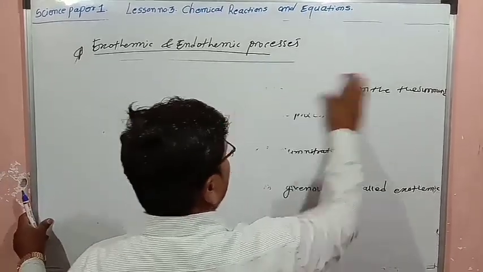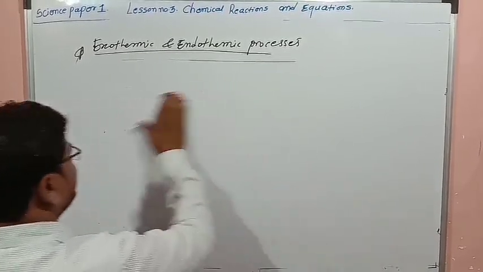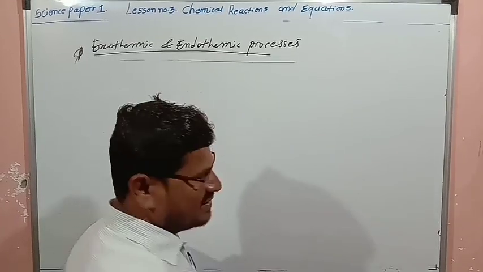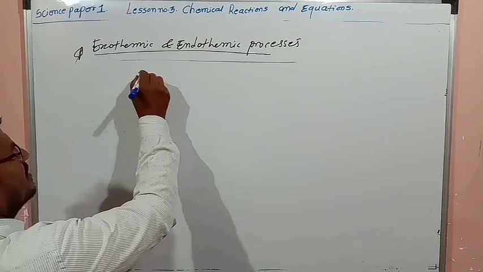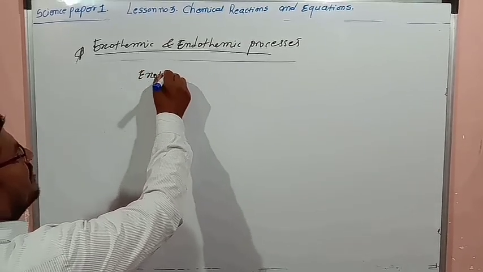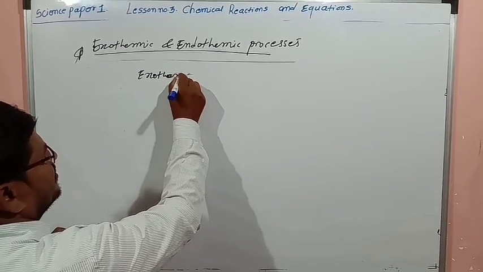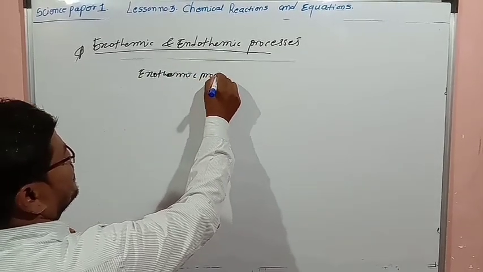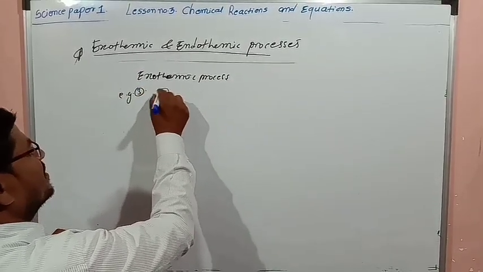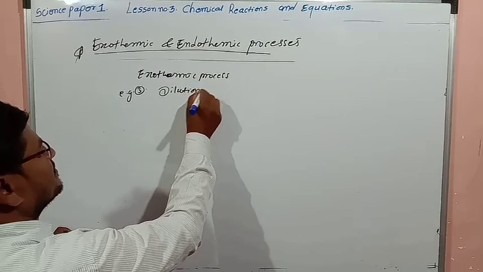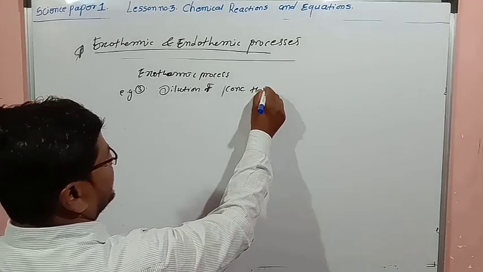We are going to discuss that example because a give-reason question will be asked on it. So the process is exothermic, and example number 3 is the dilution of concentrated H2SO4.